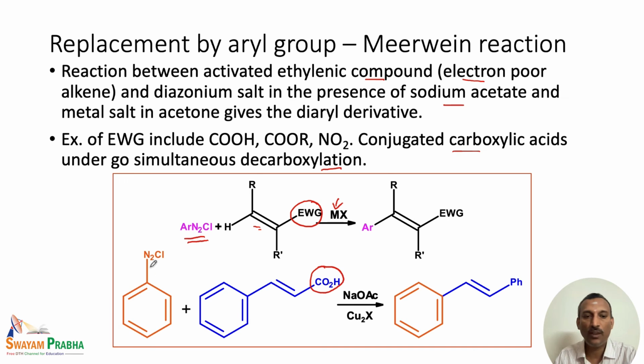So, we have the benzene diazonium salt, and here we have the cinnamic acid. These two react together to give stilbene in this particular case. In this reaction, the carboxylic acid group is completely lost. So, this is one of the examples of forming the biaryl, or the replacement of the diazonium salt by aryl substitution.